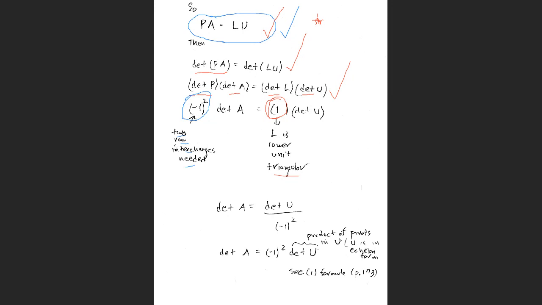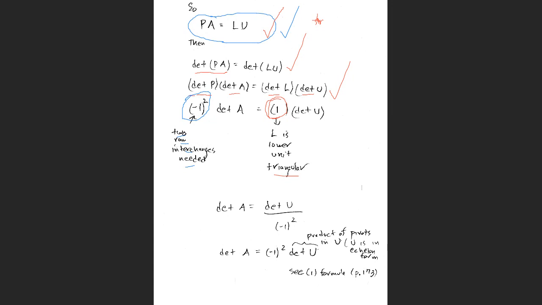Okay. How many recall that rule? That's one of the matrix rules, right? When you take a matrix and you do a row interchange, it introduces a -1 in the determinant.